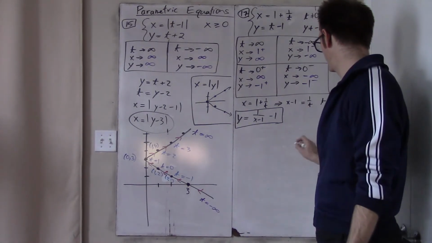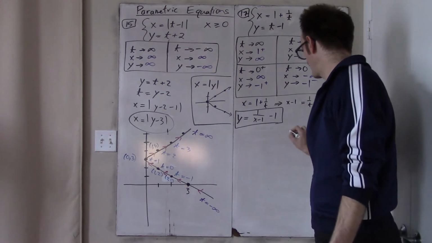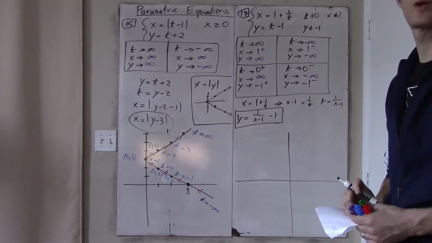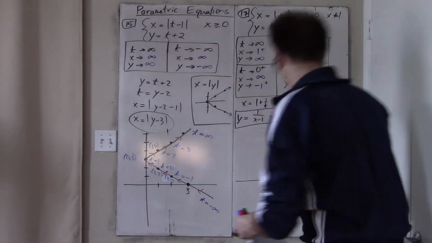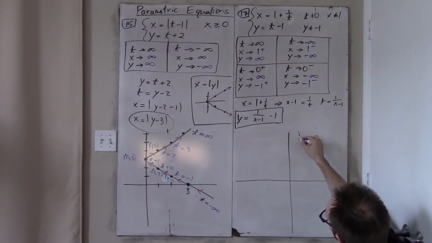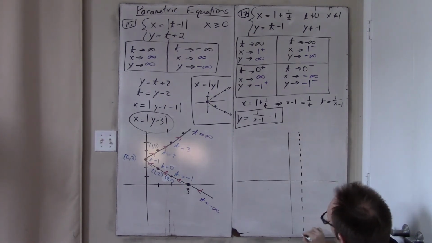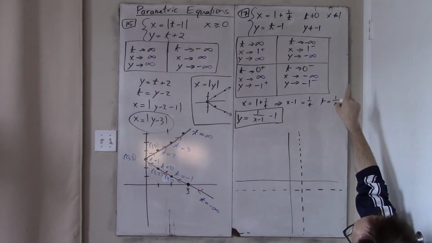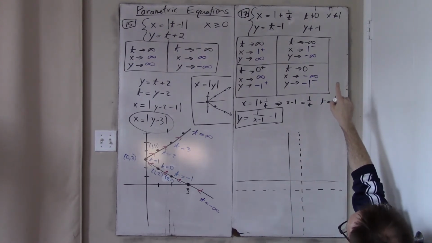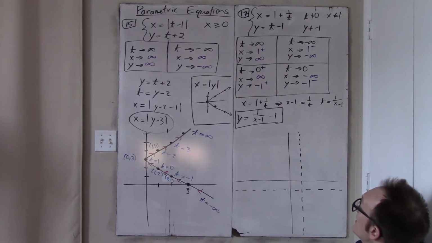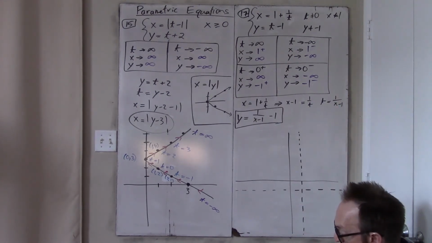It's going to be the 1 over x curve, except moved 1 to the right, and also down 1. And so the two facts that I saw at the very beginning have been confirmed: that x can't be 1 and y can't be -1.